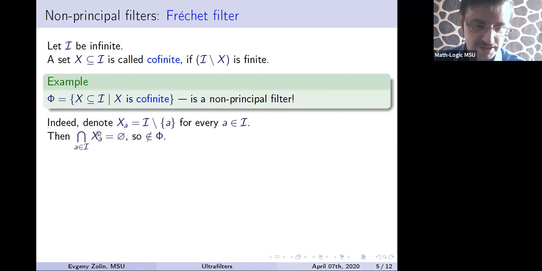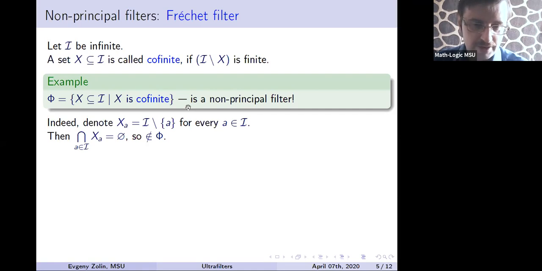Of course, the intersection of these sets is empty because each X_a does not have the element a. So the intersection does not have element a for any element a. It doesn't have elements at all. And therefore, it is not in phi because the empty set is not in phi. So by our criterion, this is a non-principal filter. Filters of this form are called Fréchet filters.